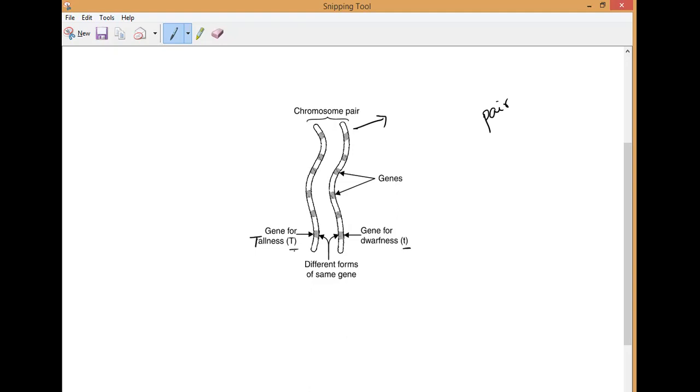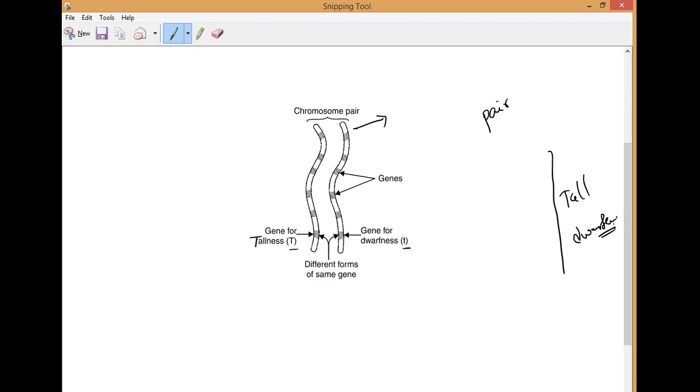Either the stem is tall or the stem is dwarf. That is what we are studying in monohybrid and dihybrid inheritance also. This is the pair of chromosomes responsible for the tallness of the plant stem, and the genes are present in corresponding positions on the pair of chromosomes.